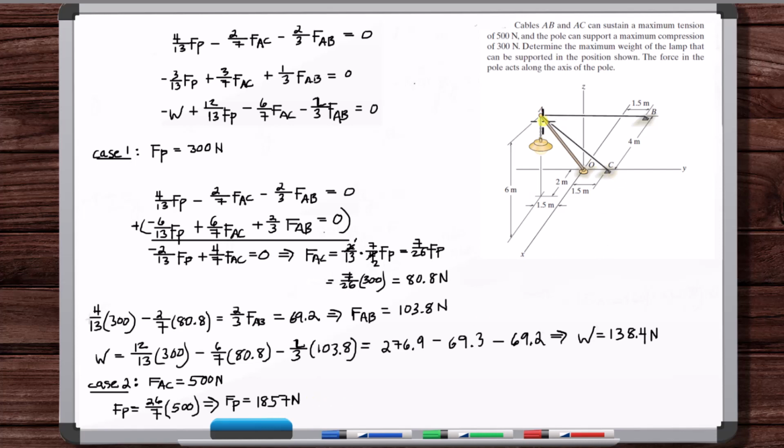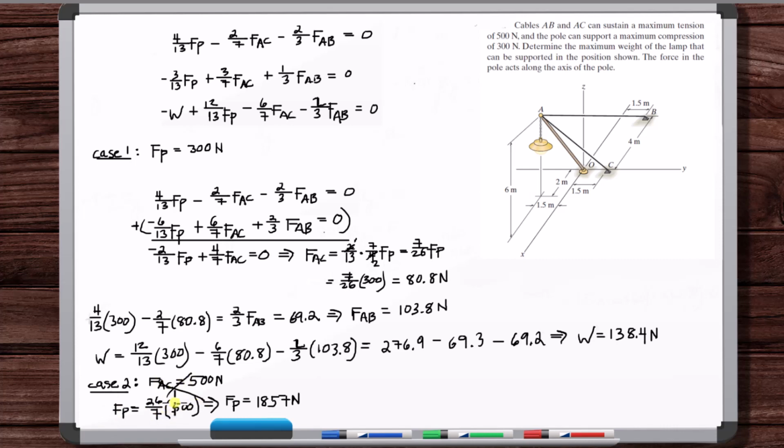If this cable AC is under a tension of 500 newtons, that would mean that the compression of the pole is 1,857 newtons. That's over 300. So FAC can't be loaded to 500 newtons.